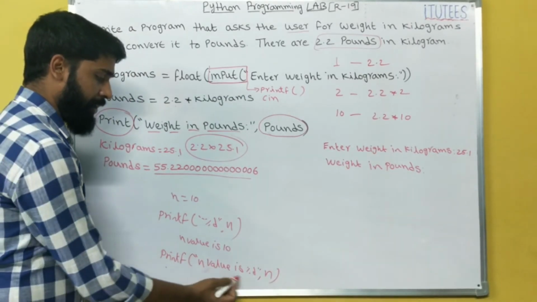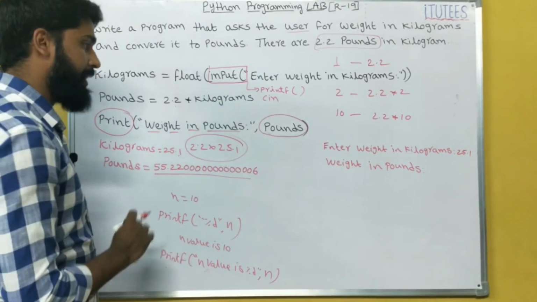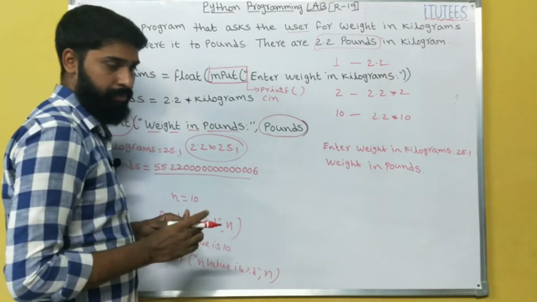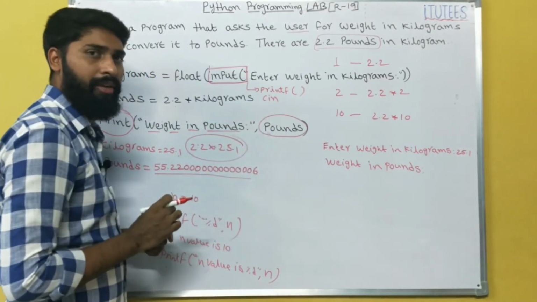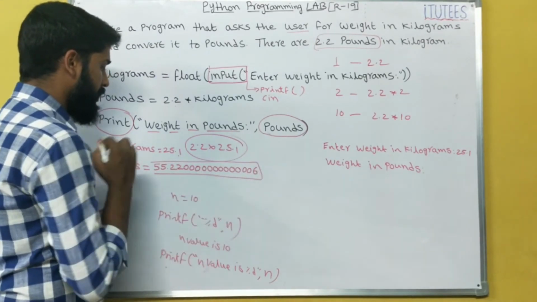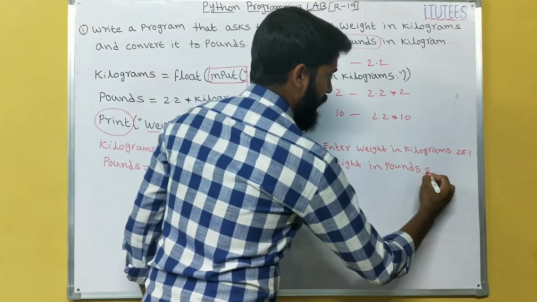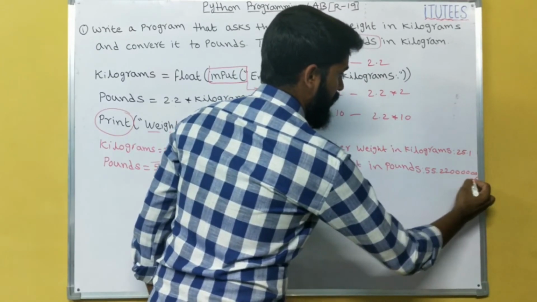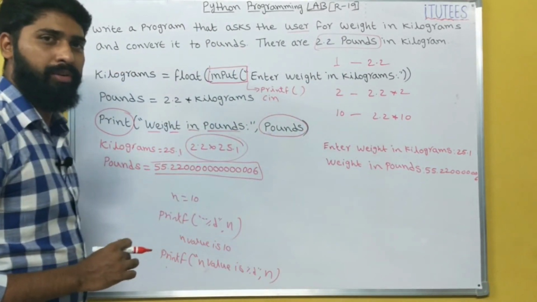Now it prints "n value is 10" as the output. Similarly here, it prints "Weight in pounds" on the monitor. After the comma comes the variable, pounds. The pounds variable contains this number, 55.22000000000006, and this is the output.